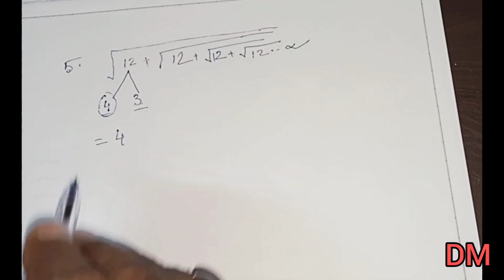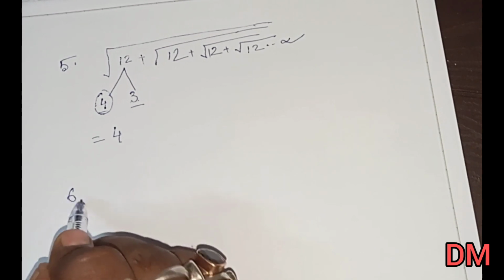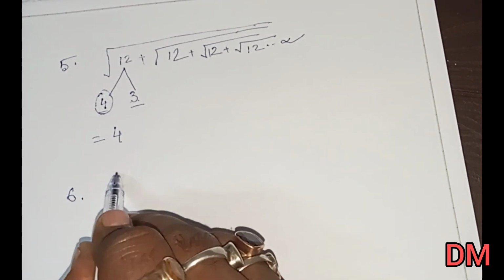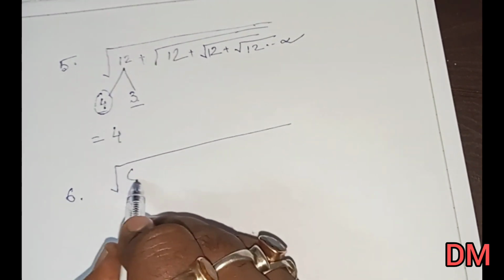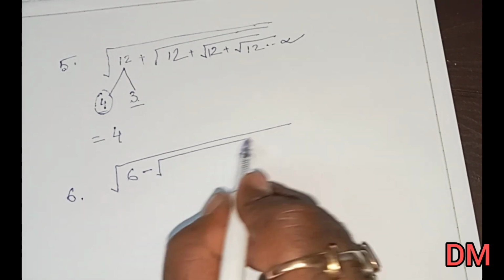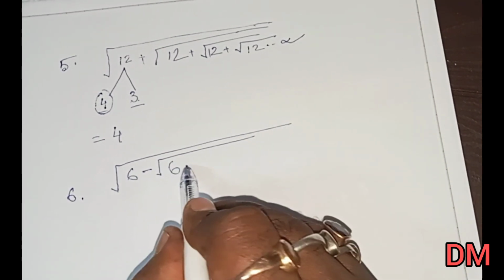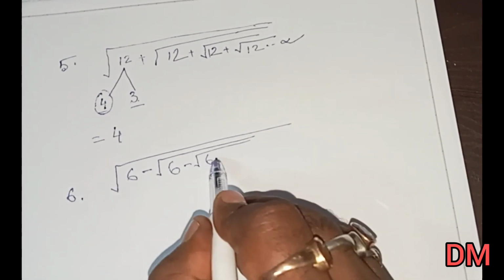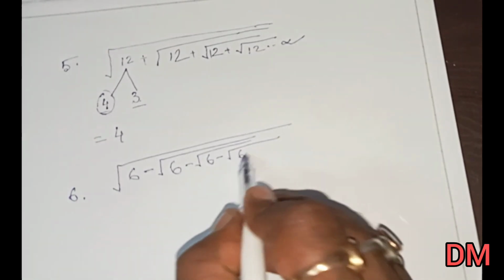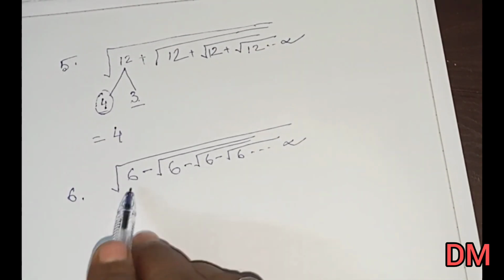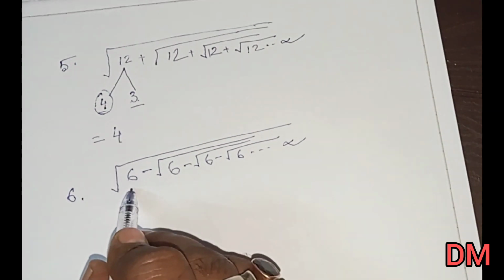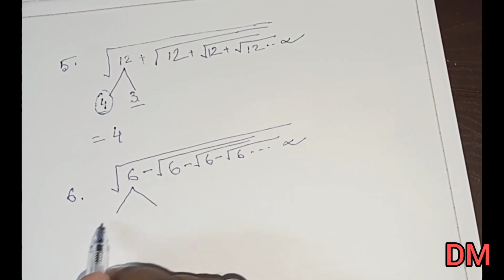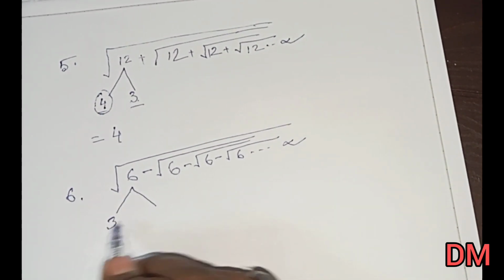Now the last one, if there is a minus sign, that is 6 minus root 6 minus root 6 minus root 6 up to infinity. Now how can we solve these things? 6, you can take 3 and 2 here.